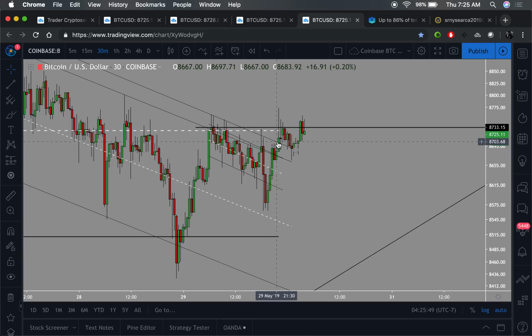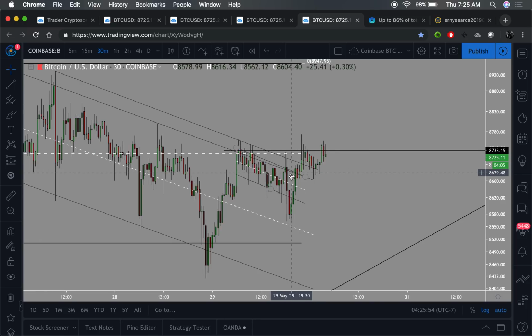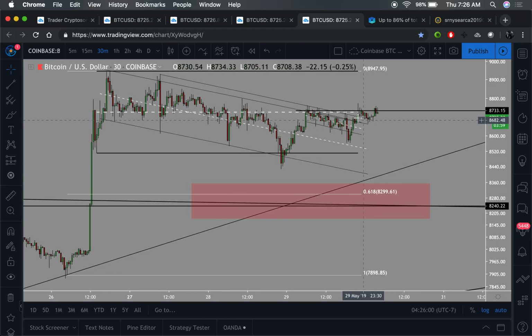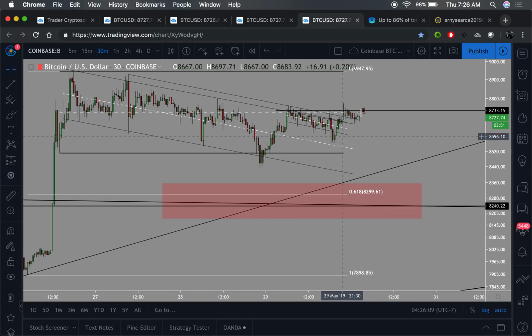One was over here at about $8,700, which would be essentially the breakout of this big descending channel, right? So if we broke out of this line right here, that would be the first one, and then the second one would be that one right there, which touches this wick and these wicks right here. So you can see why it's useful to draw channels like that.